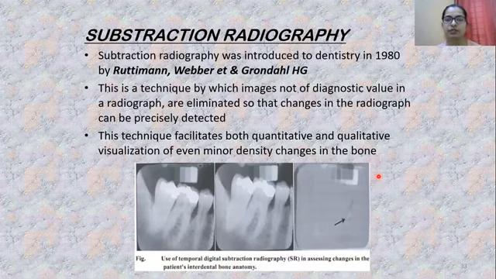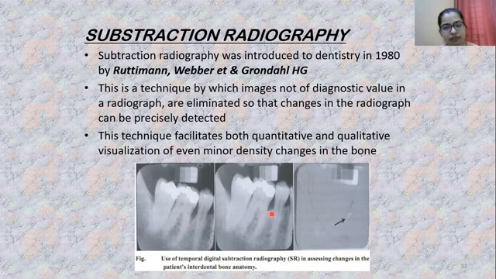Subtraction radiography. Subtraction radiography was introduced in dentistry in 1980, and it mainly works on the concept of elimination. First we take an X-ray before the treatment of that particular area, like seen here. There is a vertical bone loss. So we take a pre-operative X-ray.